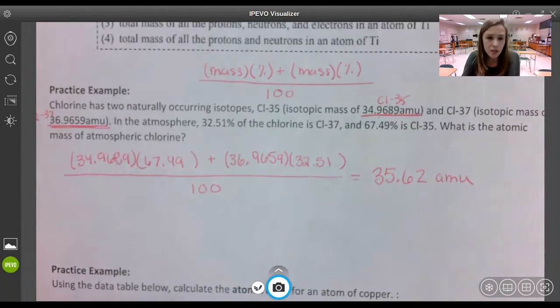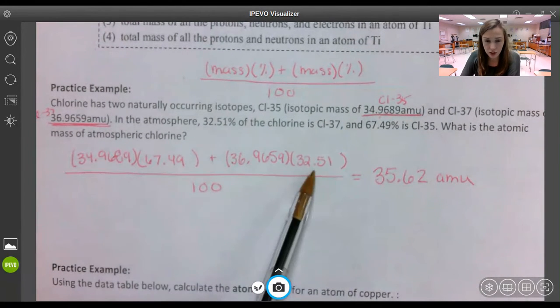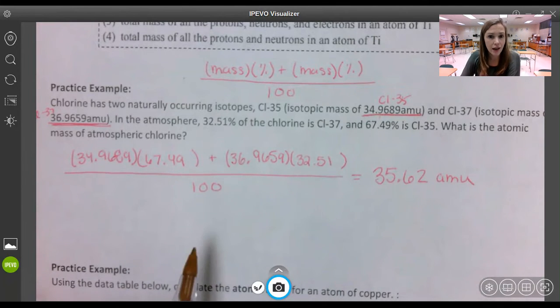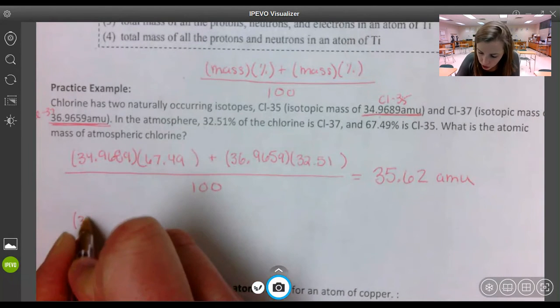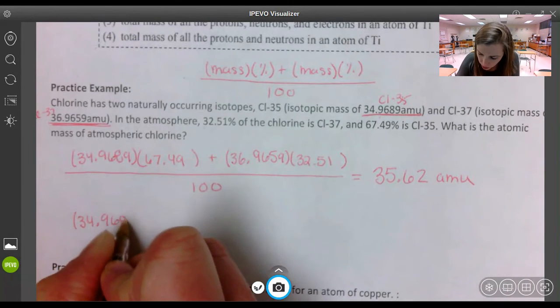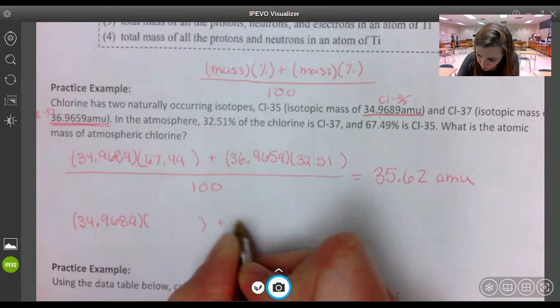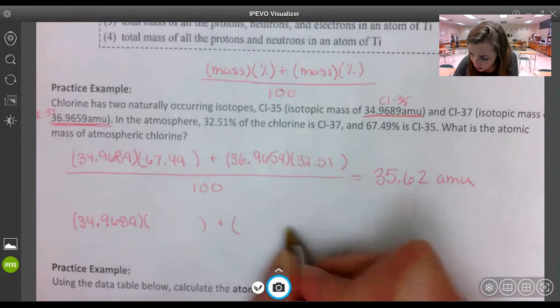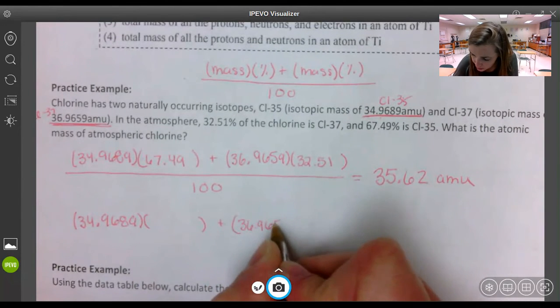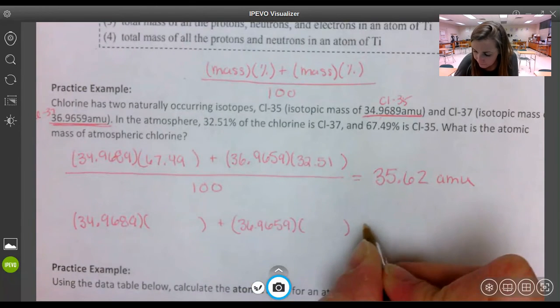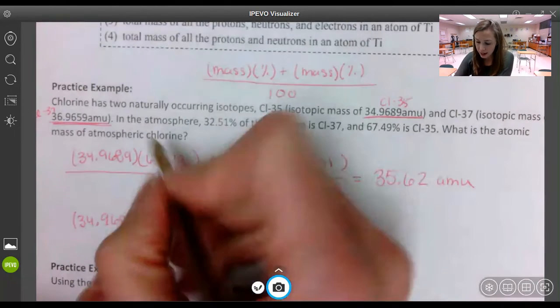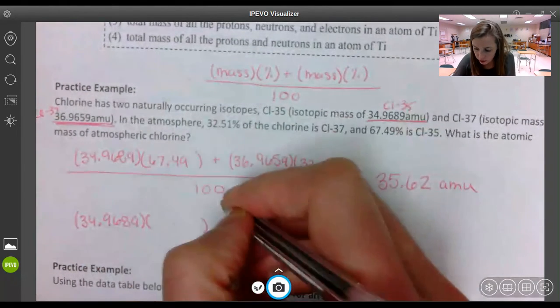Okay, another way that you can set this up is you can take your percentages and divide them by 100 ahead of time. So one big thing is make sure you leave your masses alone. So these would be my masses. I'm still adding them together. So this is 36.9659. And then I'm going to divide their percentages by 100 ahead of time.